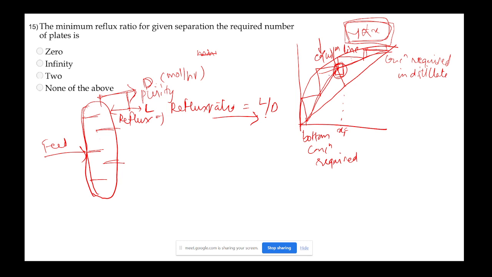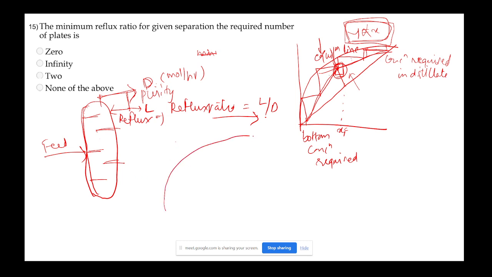Each step represents one plate in the distillation column, and the difference between this operating line and the equilibrium line is the concentration gradient, or how far our system is away from the equilibrium. The more the system is away from the equilibrium, the larger the gradient, and the better separation you will get.